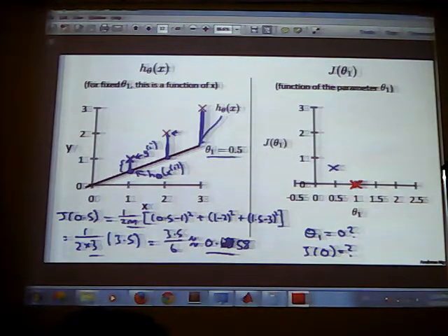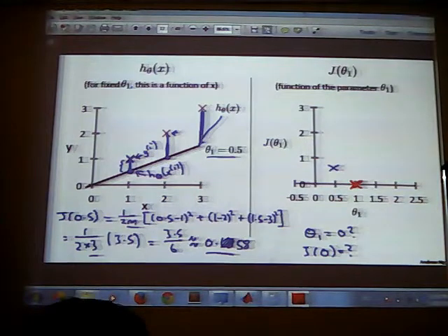Okay, according to this figure which we have plotted for the given hypothesis, we are going to plot another figure which is like this. On the x-axis you have theta 1, because theta 1 is changing.